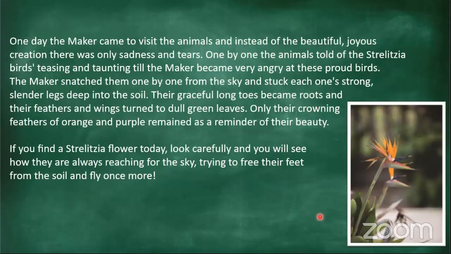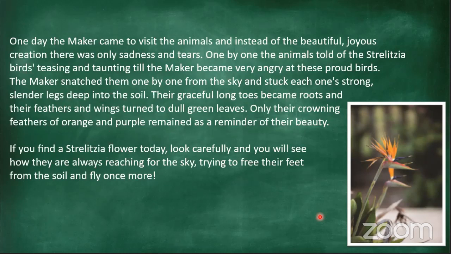One day, the Maker came to visit the animals, and instead of the beautiful, joyous creation, there were only sadness and tears. One by one, the animals told of the Strelitzia birds teasing and taunting till the maker became very angry at these proud birds.